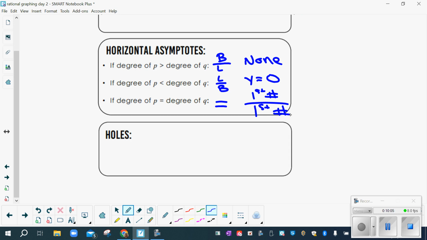And the only math we really have to do is the holes. And the holes come from the canceled stuff. Oh, let's spell that right. Canceled stuff equal to 0.